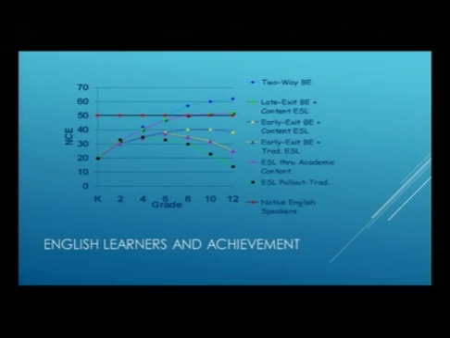ESL, which is our traditional type of program that we do, you can see actually they really take a nosedive in the upper grades in terms of their achievement. So none of the programs, with the exception of late exit bilingual content ESL, even approach the English only achievement, and two-way immersion is the only one that exceeds. This is for English learners.